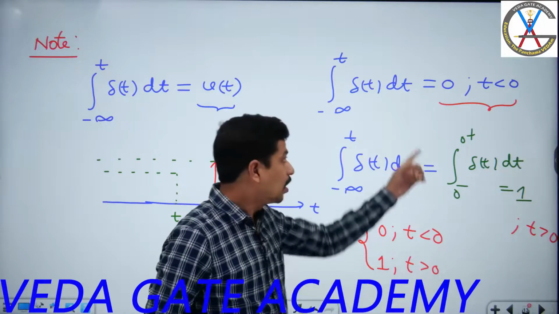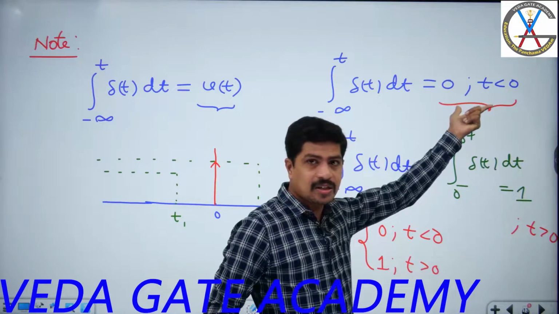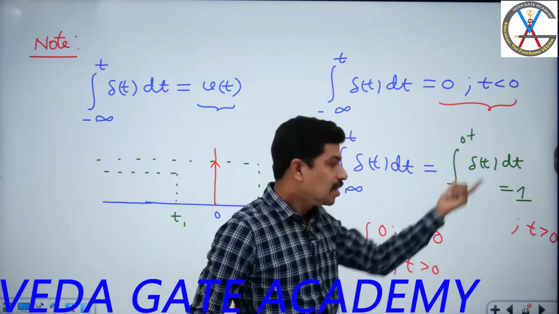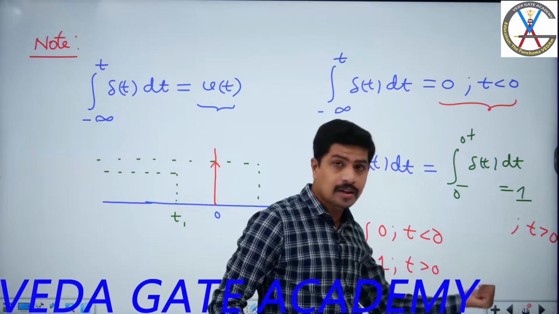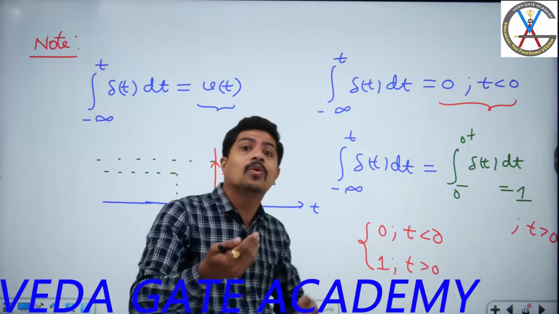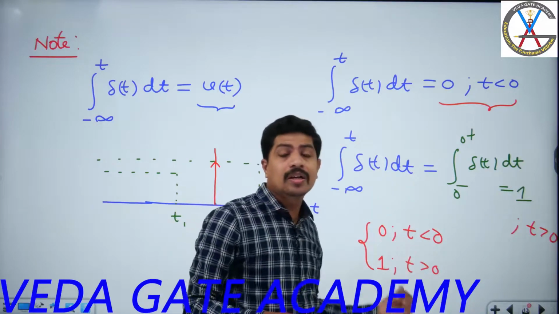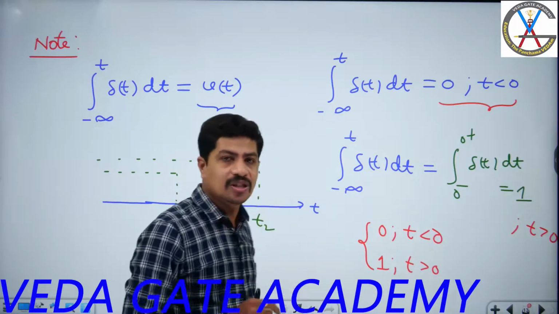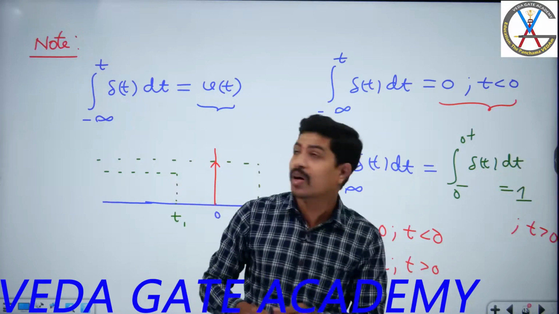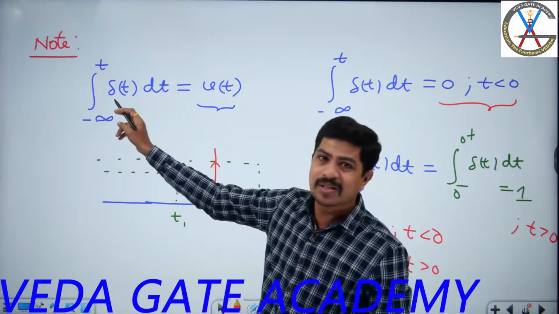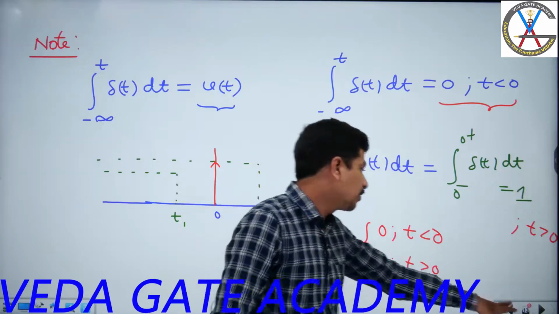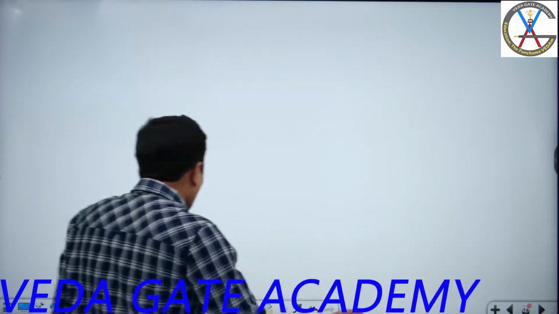The result of this integration is 0 for t less than 0 and 1 for t greater than 0, which is the unit step function. This is the proof that integration of the impulse signal gives the step signal. Now what is vice versa?